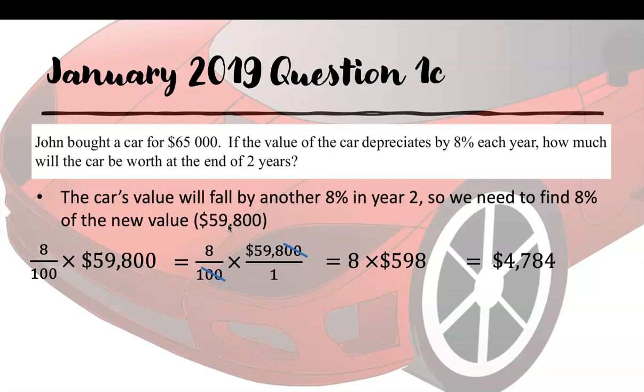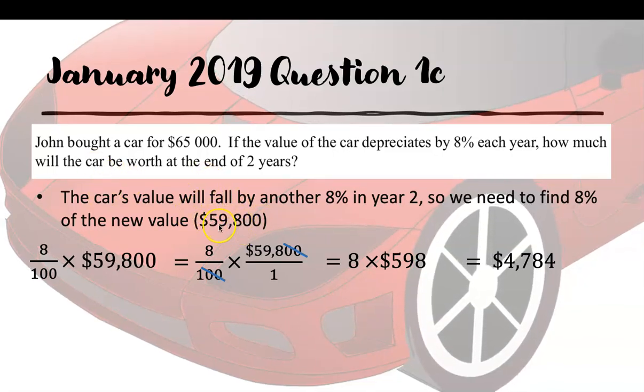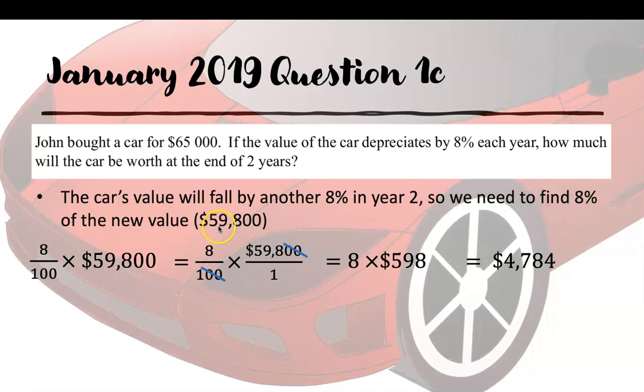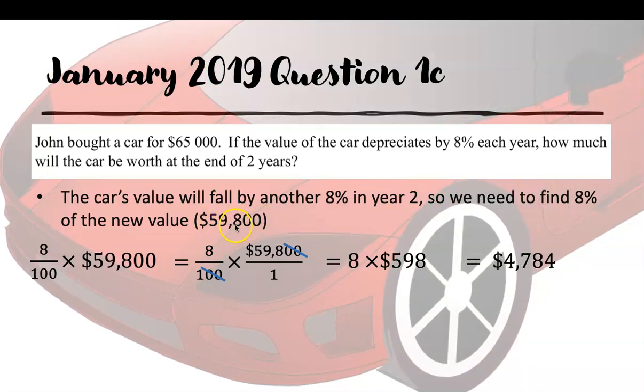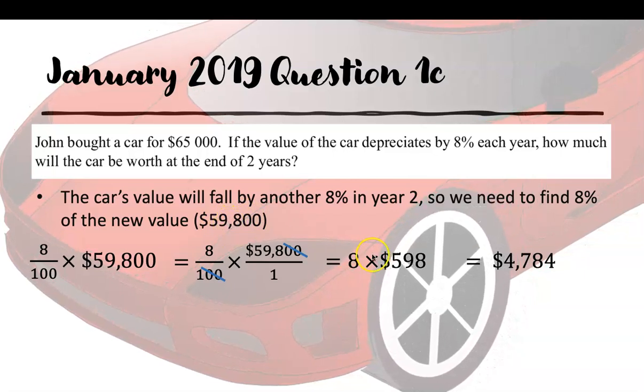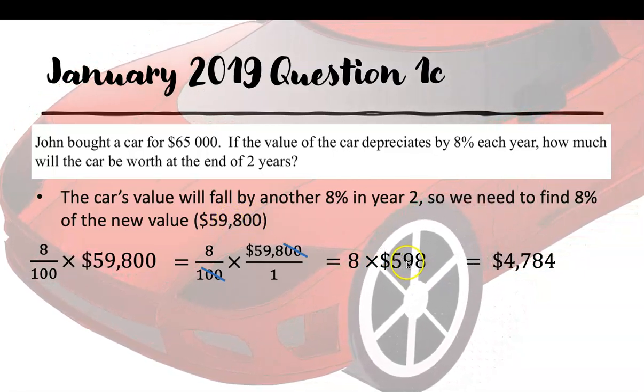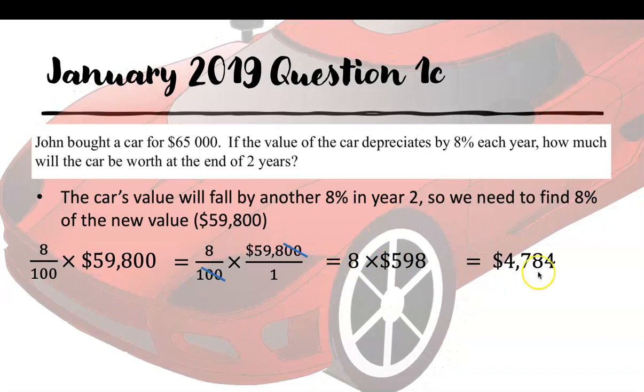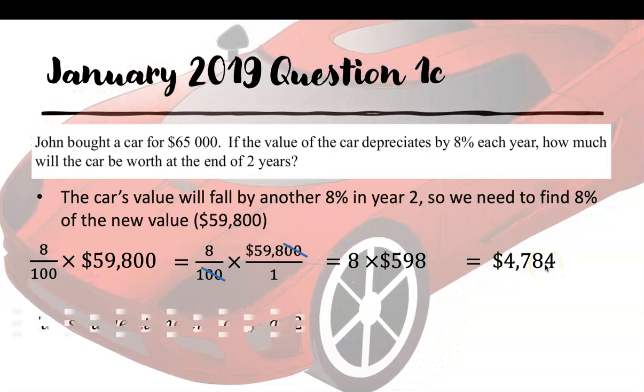Right, so again, each of the $100 bills that make up our $59,800 is going to fall by $8. How many $100 bills make up $59,800? 598. So we're losing 598 times 8, which is 4,784.